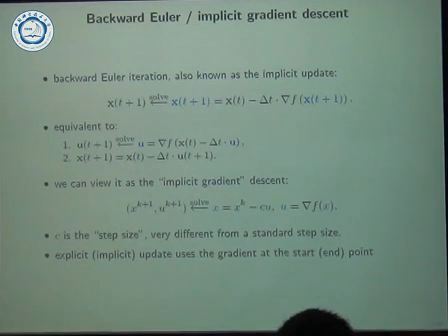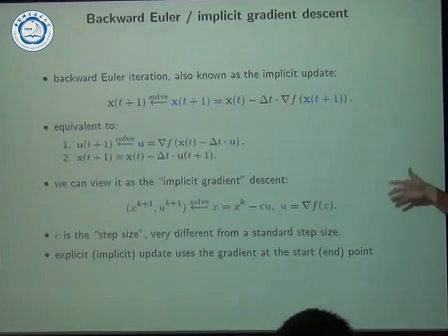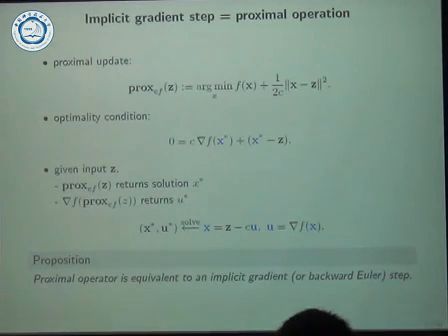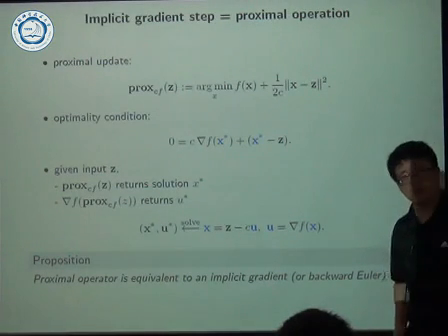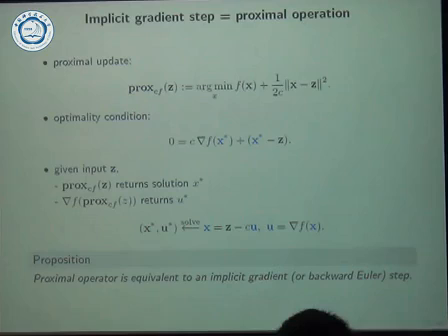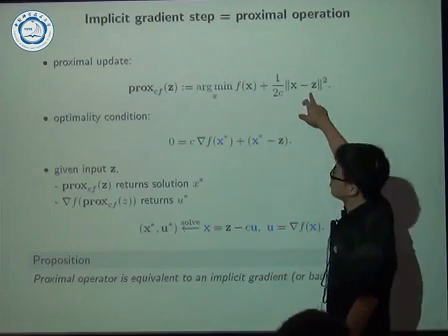So now we're going to analyze this implicit method. This is the key. I claim the implicit method is the proximal operation. What the so-called proximal operation is, is the following. Suppose Z is your current point.